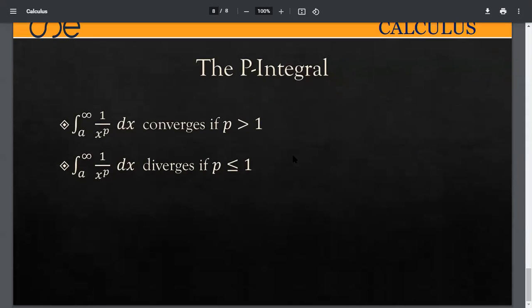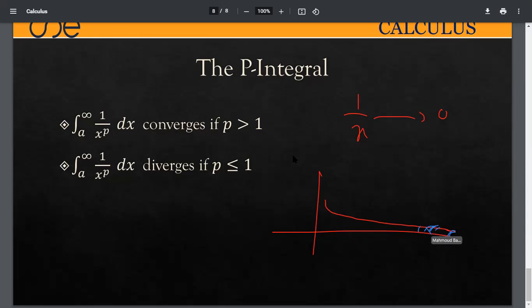My second shortcut to analyze the behavior of improper integrals is the p-integral. What is the p-integral? We've seen before the function 1 over x. What you may not know about 1 over x is that although this function tends to 0, this curve becomes very close to the x-axis at infinity, yet it will not be close enough.